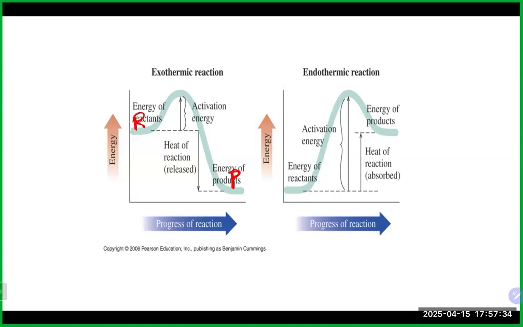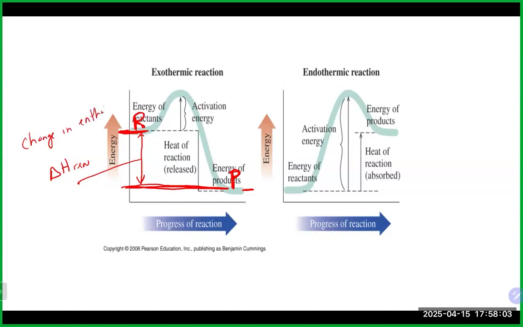And the first thing that we see is we have a difference in energy of our reactants to our products. If you take that difference in energy from where the products end to where the reactants start, this is what is referred to, as we'll talk about a little later in this chapter, as the delta H of this reaction, which is the change in enthalpy.